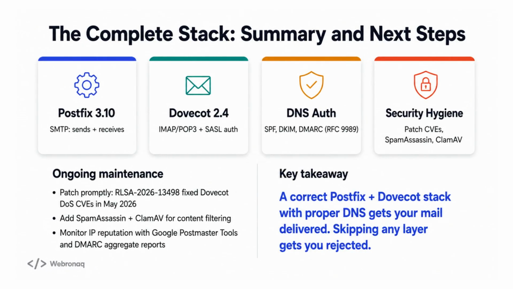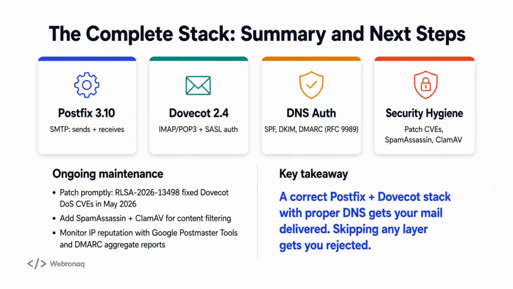Alright, let's bring it all together. Your production mail server now has 4 layers: Postfix handling SMTP, Dovecot serving IMAP and POP3 and verifying every login, a full set of DNS records that satisfy RFC 9989 and pass Gmail and Microsoft enforcement, and TLS securing every connection. But running a mail server is not a one-time task.